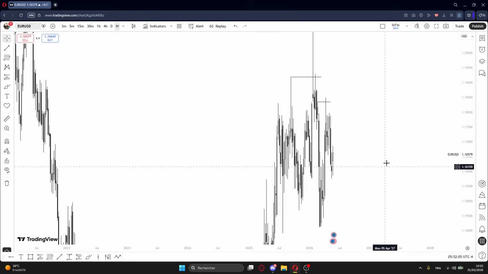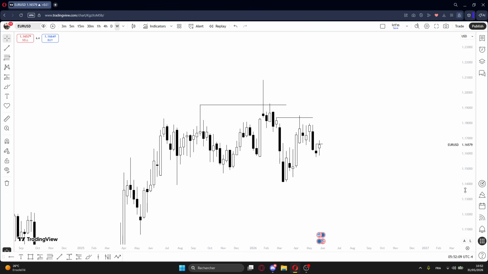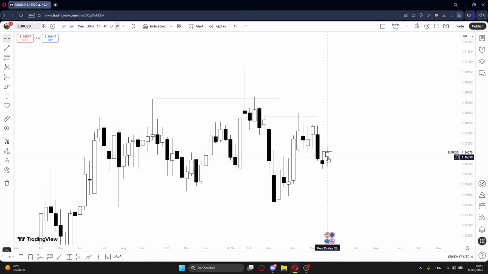Again, the more I zoom out, the more likelihood for you to see a range, the less likelihood for you to predict a candle, and so on. But I'm only interested in the previous candle and forecasting the current or the next candle that's going to print.